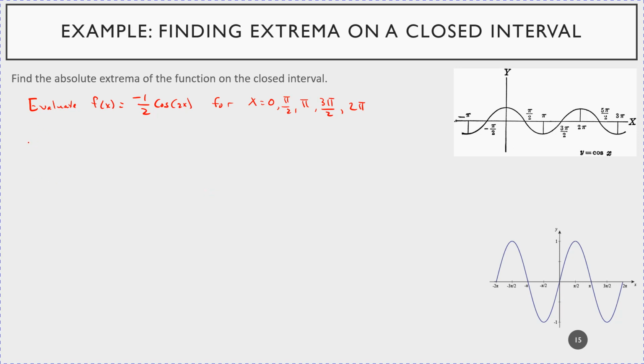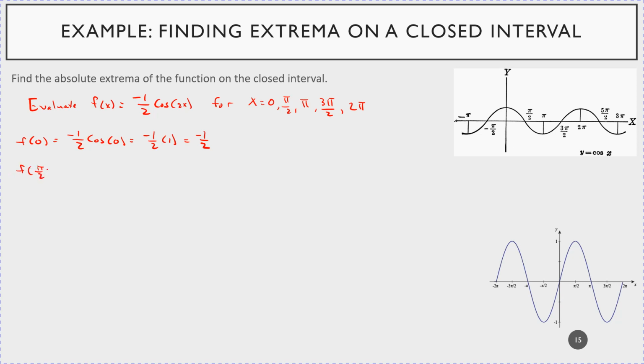All right, let's go through it. F of 0. Well, this is minus 1/2 times cosine of 2x, when x is equal to 0, is cosine of 0. Cosine of 0 is 1, so this is minus 1/2 times 1, which is minus 1/2.